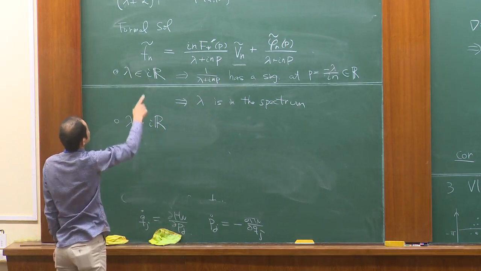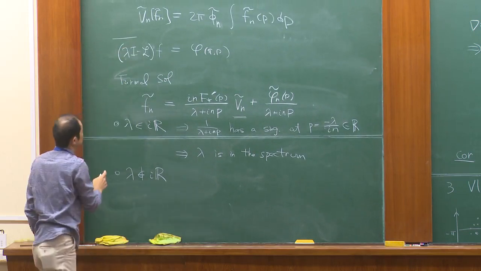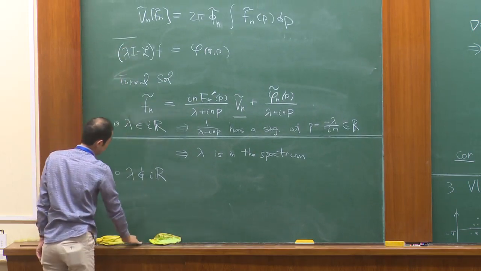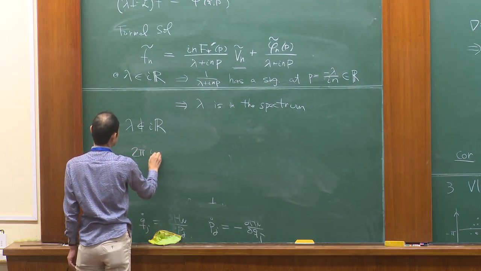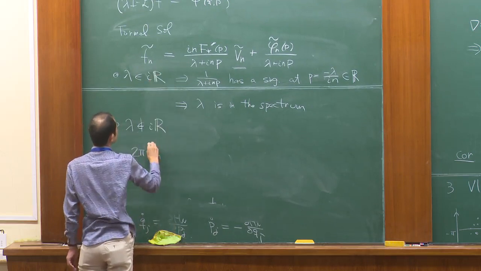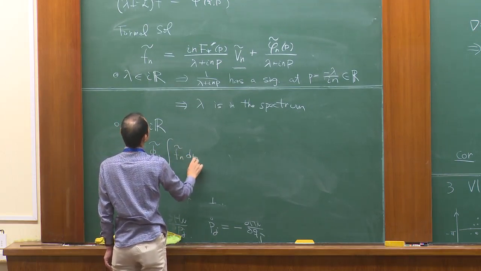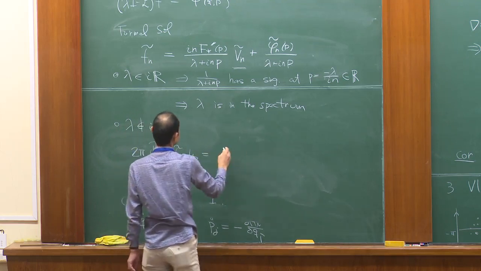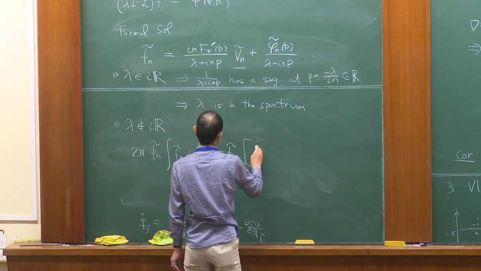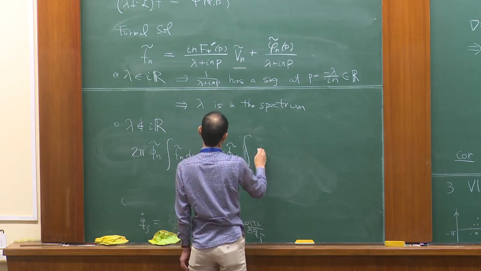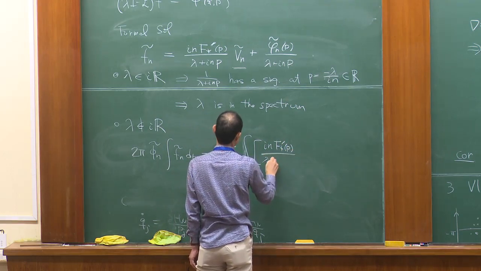So we have a definition phi Vn, this one. So to get this Vn tilde, we multiply this formal solution by 2 pi phi tilde and integrate. So the same thing in the right-hand side, 2 pi phi n tilde and integrate over dp, divided by lambda plus INP.